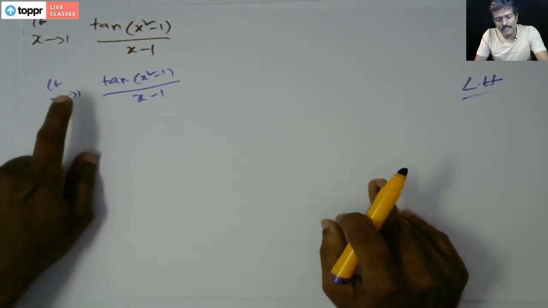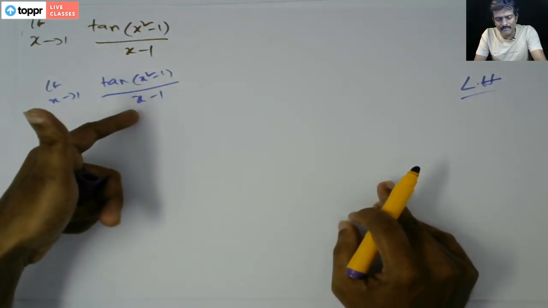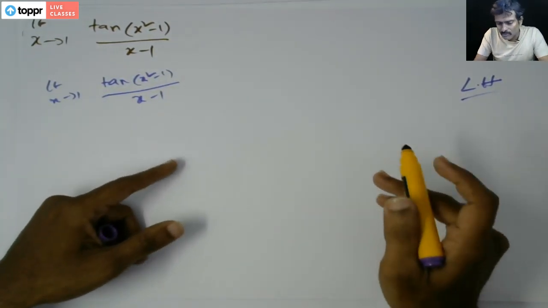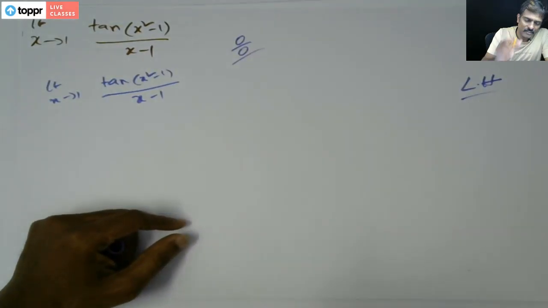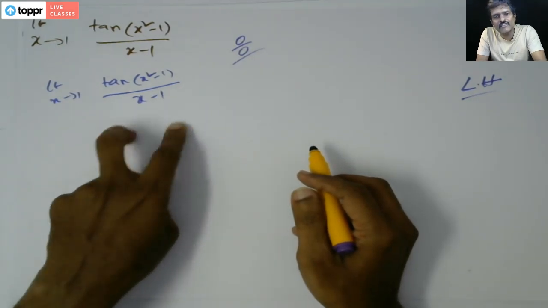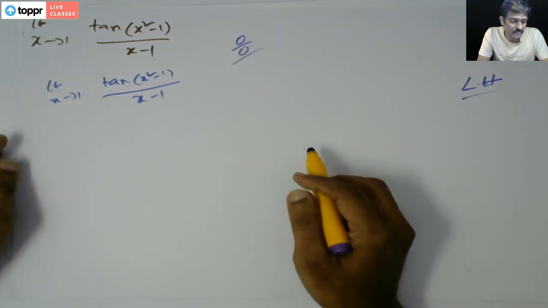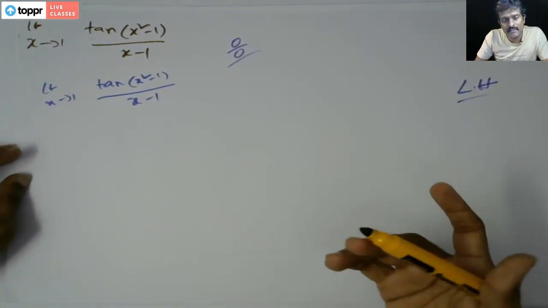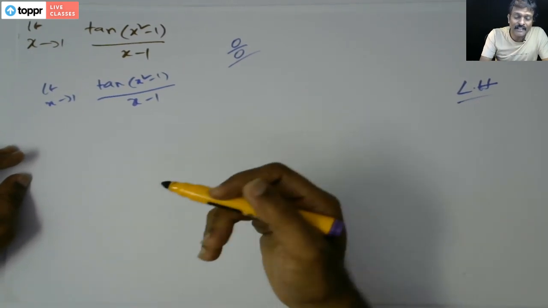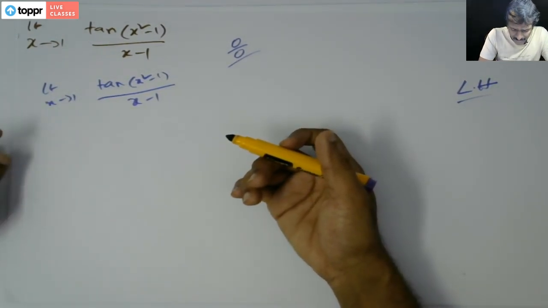When you substitute x is equal to 1, tan 0 is 0, and x minus 1 is 0. So this is coming in the form of 0 by 0. Also x minus 1 is a linear function, which is continuous and always differentiable, and tan is a function which is differentiable, we know. So you can differentiate both numerator and denominator and try finding its value.